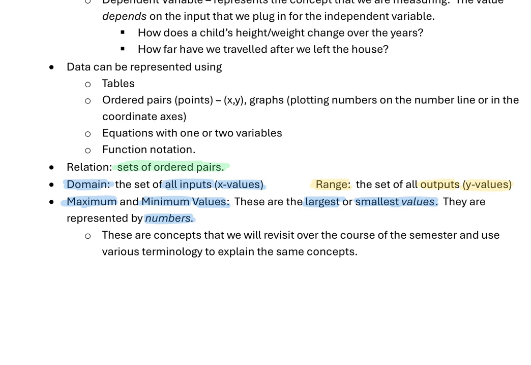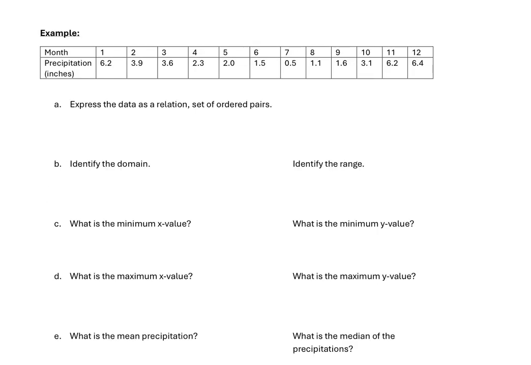Okay, all right. Let's go ahead and look at some examples. The first thing that we're going to look at is a table, and we want to be able to pull numbers and rewrite things different ways.